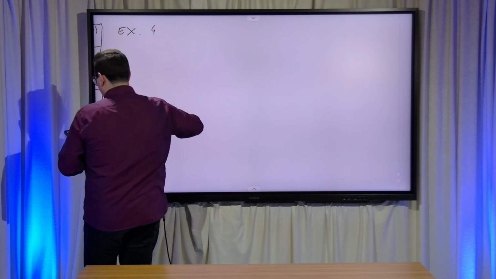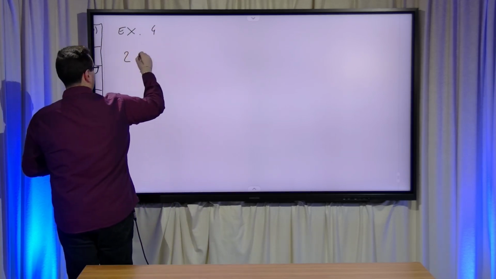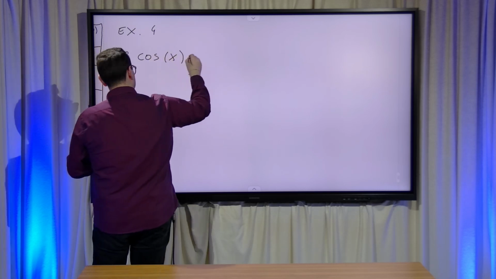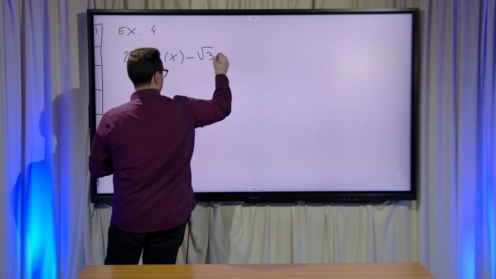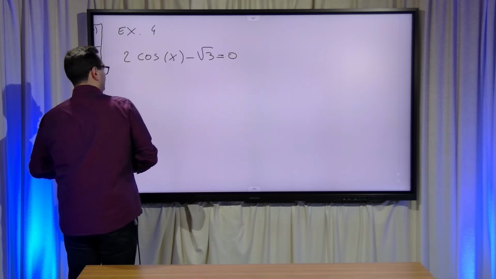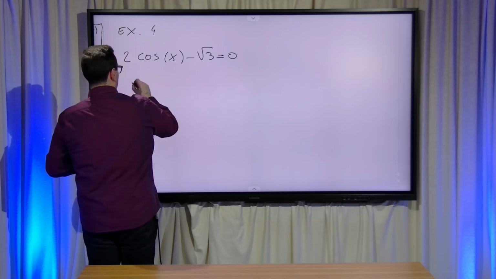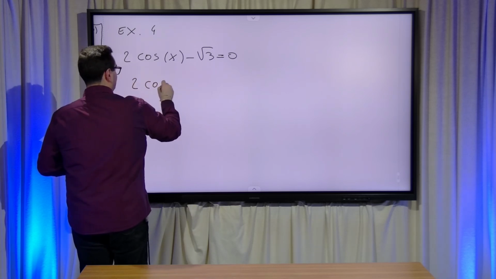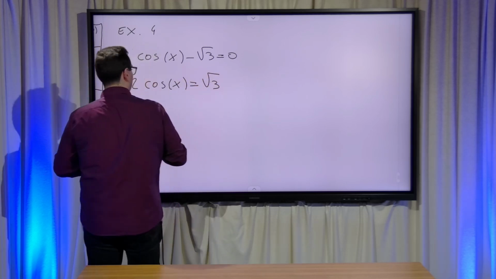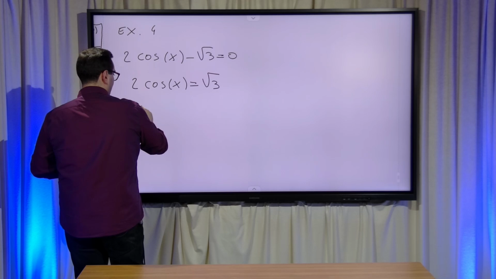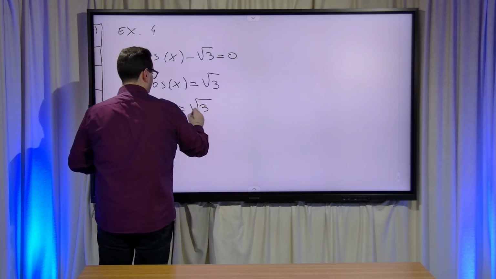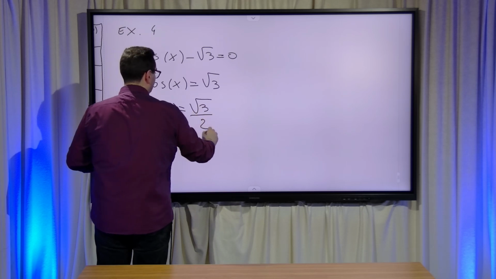Let's move on. Let's consider this equation. Okay, we can do just some basic math to write it like this one, again cosine of x is equal to the square root of 3 over 2.